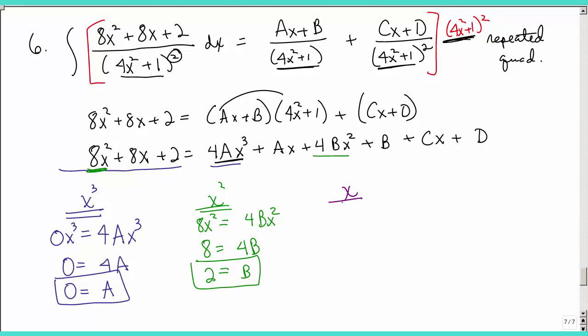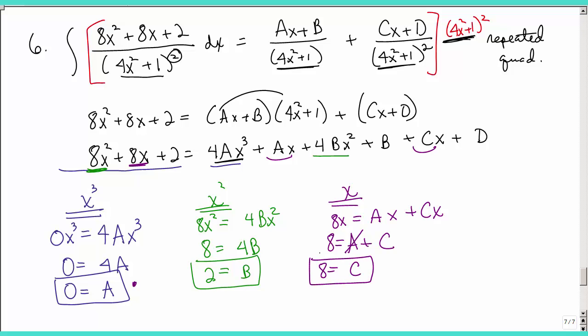All right, how about the x's? Well, I have 8x equals ax plus cx. Well, do I know either one of those letters? Yes, I do. I know a is 0. So now I know 8 equals c.